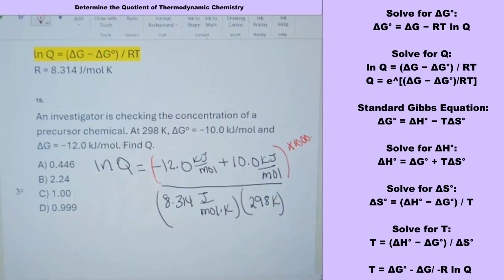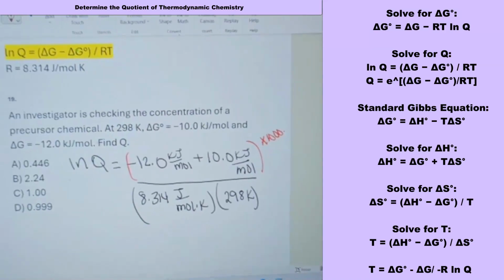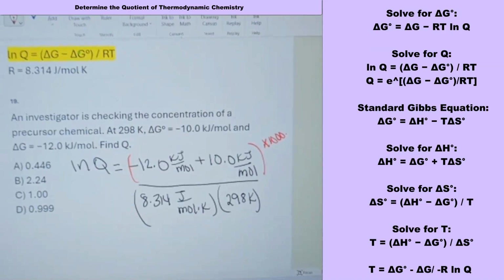If you decide to convert, well, okay, I'll show you that answer so you'll know what the difference is. So right here, you've got negative 2,000 joules per mole. And you already know on the very bottom, the joules per mole and the kelvins are going to cancel out. And the joules per mole is going to also cancel out.